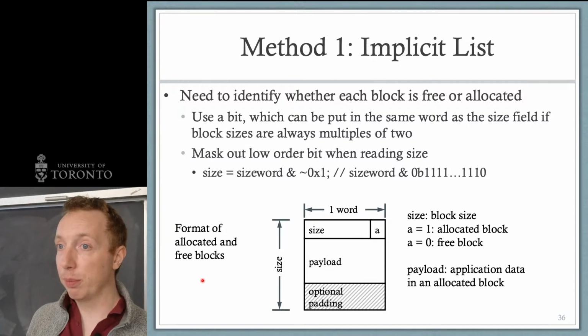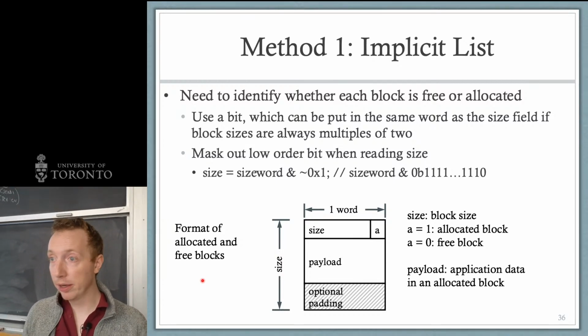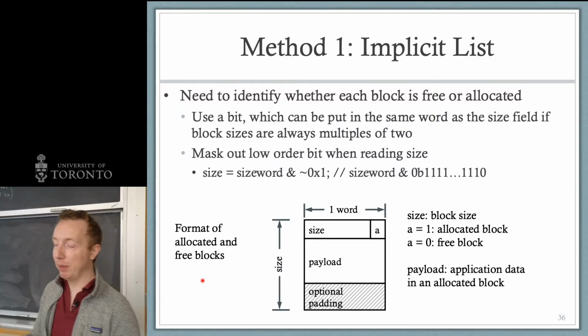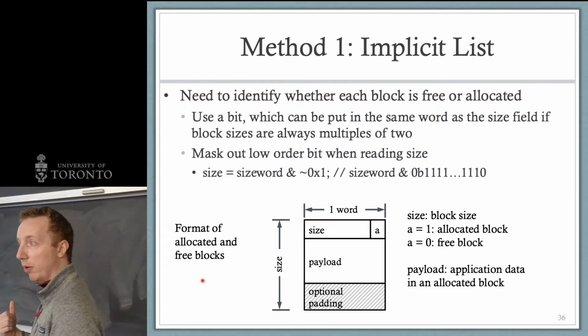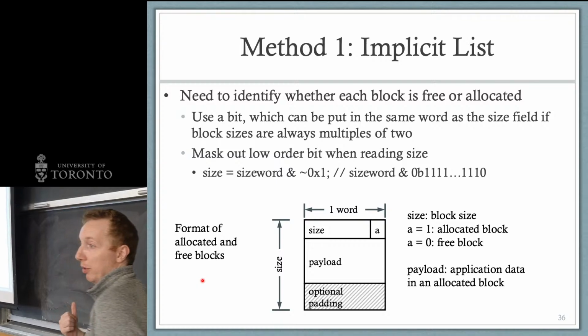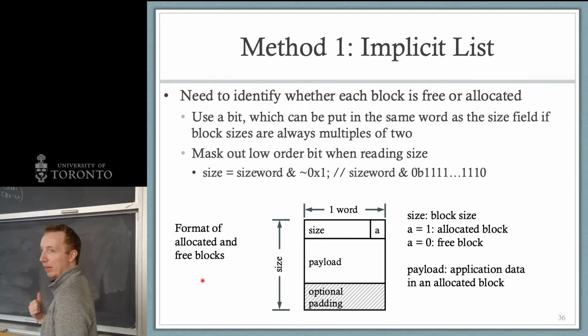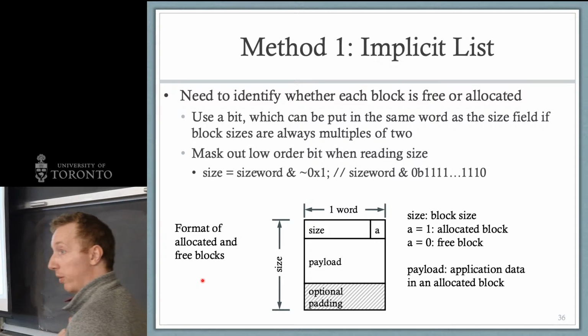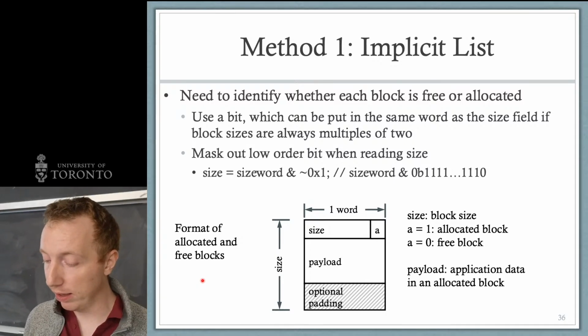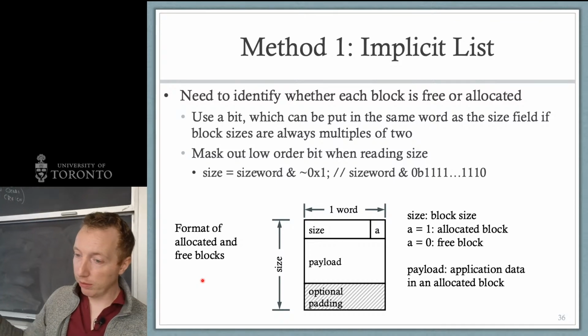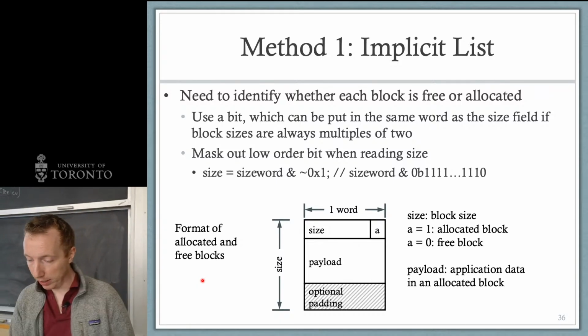If it's a multiple of 2 all the time, that means the lower bit will always be 0, which means it's also free real estate. So I can use that bit to keep track of whether or not that sequence of blocks is allocated or not.